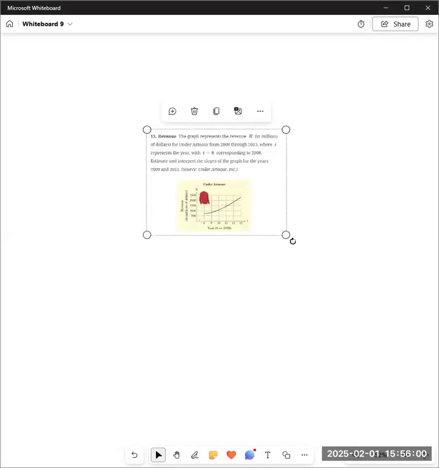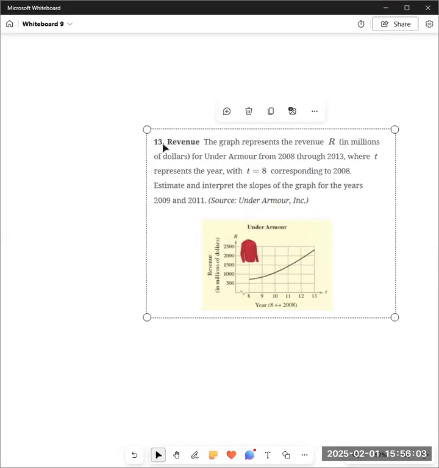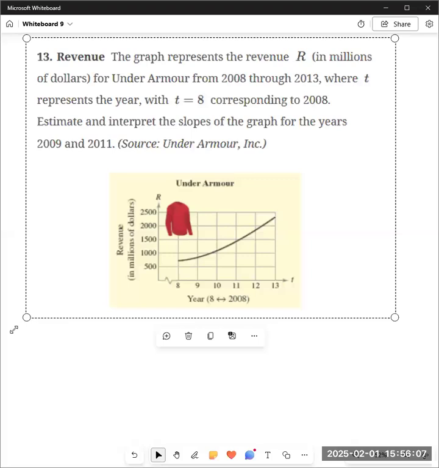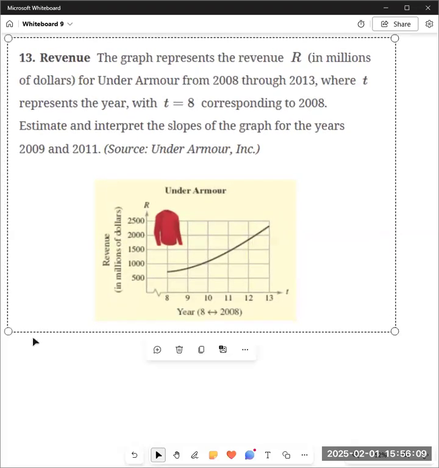I'm going to copy and paste. I'm going to make this pretty big so you can see those grid lines as best as possible because it was a small part of the graph.